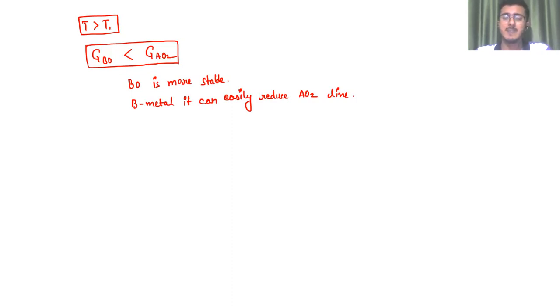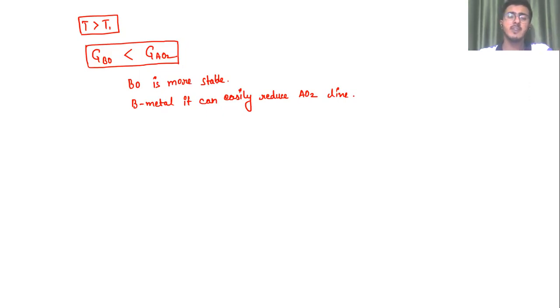So if I summarize everything, based upon this observation number 4, whichever phase has a lower free energy will be more stable. The lower and upper limits are decided after drawing the point of intersection of the two intersecting lines, at which position they intersect.